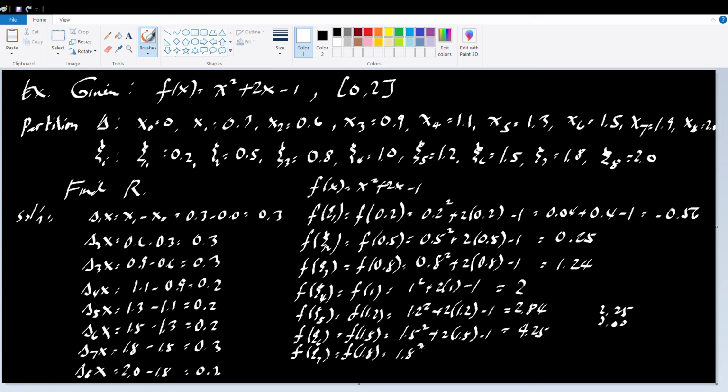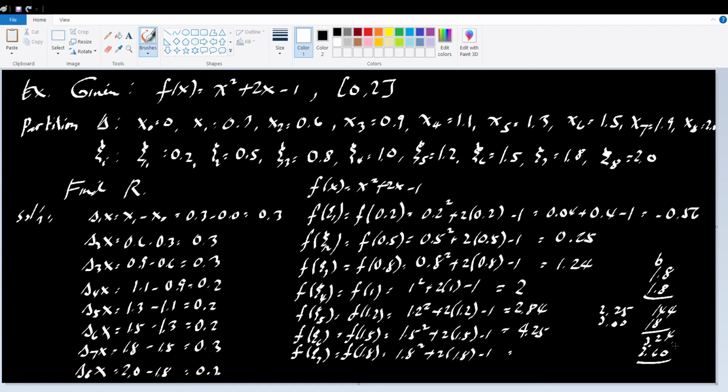f of c sub 7 is f of 1.8. So 1.8 squared plus 2 times 1.8 minus 1. What is 1.8 squared? 1.8 times 1.8. Again, 8 times 8, 64. Carry 6, 8, 14, 18, 4, 12, 3.24. Plus 2 times 1.8 is 3.6. So that will be 6.84 minus 1.